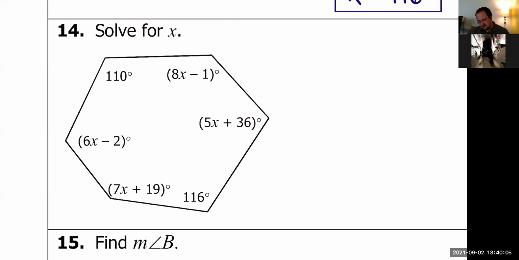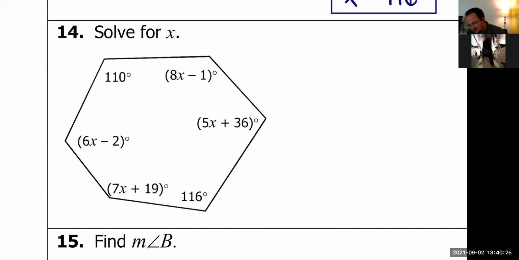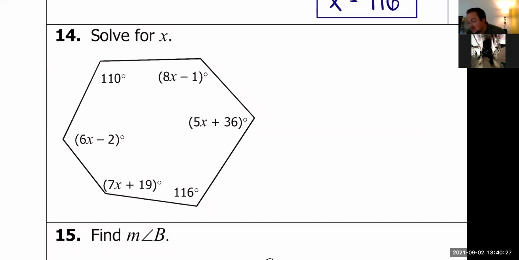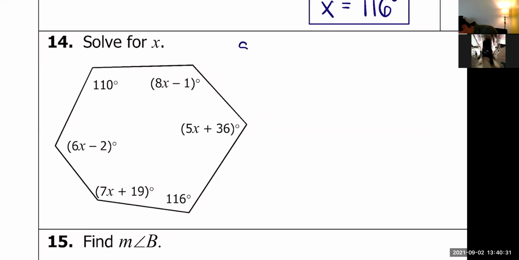But for this one, I have a lot of information, but they're all interior angles. How many sides does this shape have? 6. So if I look at the front side, do we know what the sum should be? 720 for a hexagon.